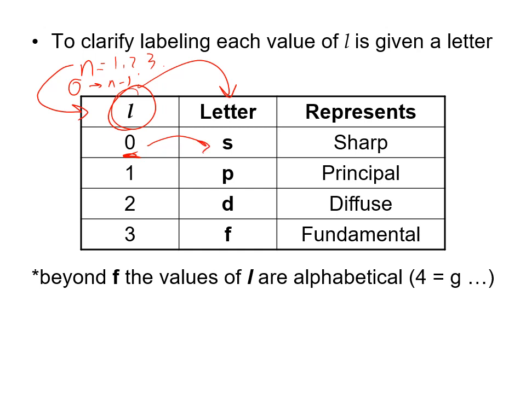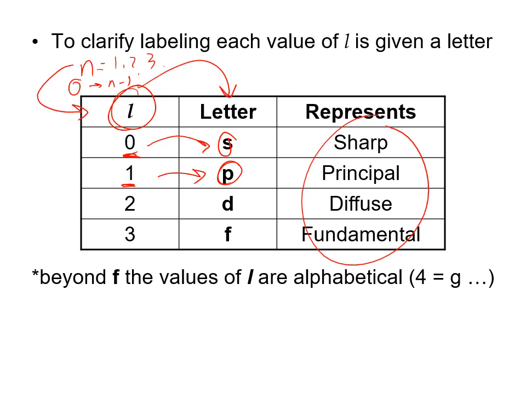So if, as we previously did, the option for a subshell is 0, we're going to call that S. If the option for an L value is 1, we're going to refer to that as P. These have names that we don't really need to worry about.